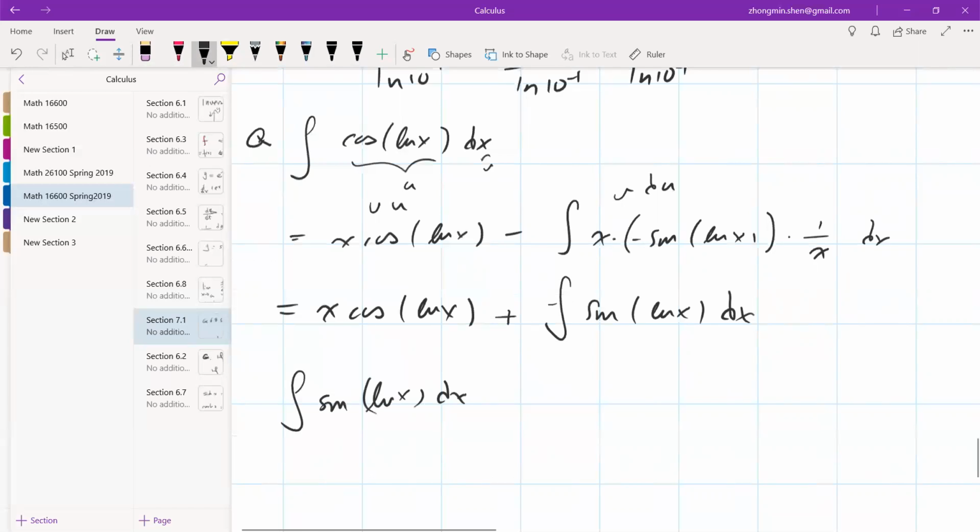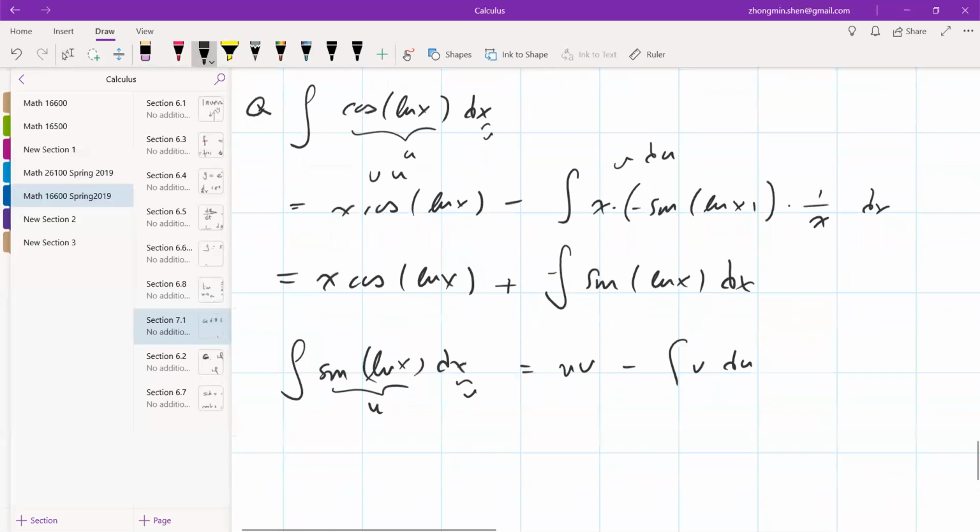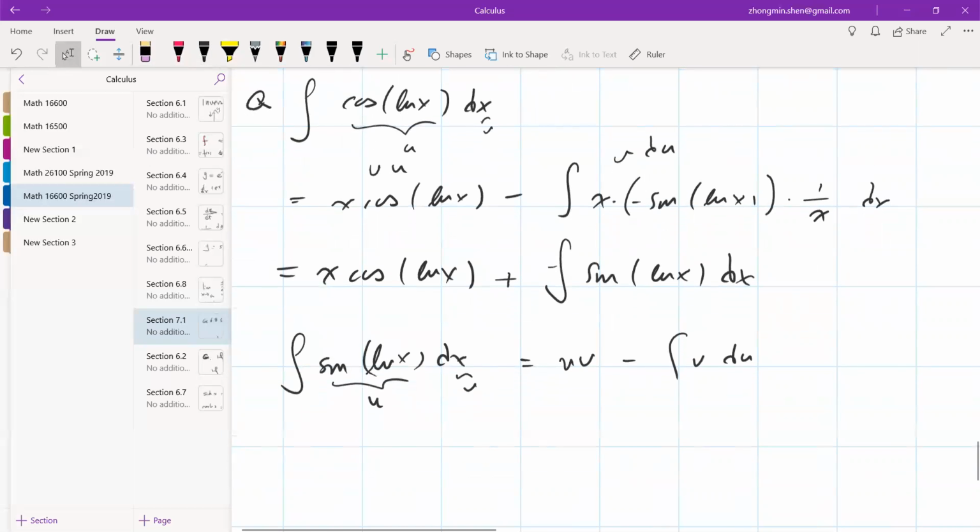Right. So this time this is a u, that's a v. So it's u times v minus the integral of v times du, right? I'll continue.